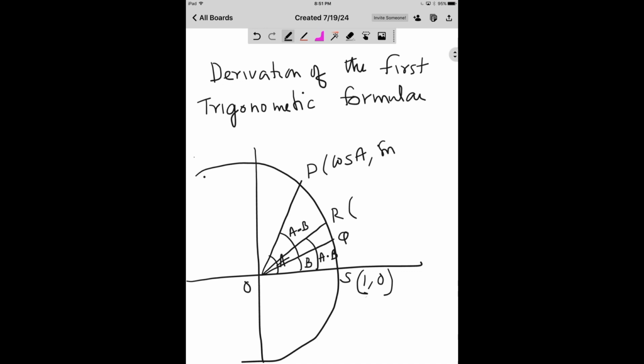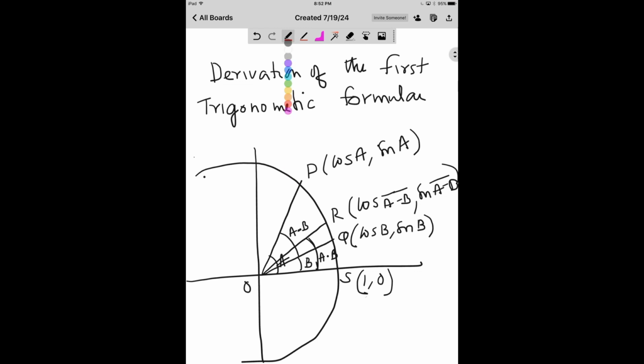And the polar coordinate of R is (cos(A minus B), sin(A minus B)). And the polar coordinate of Q is (cos B, sin B). And the Cartesian coordinate of S is (1, 0).